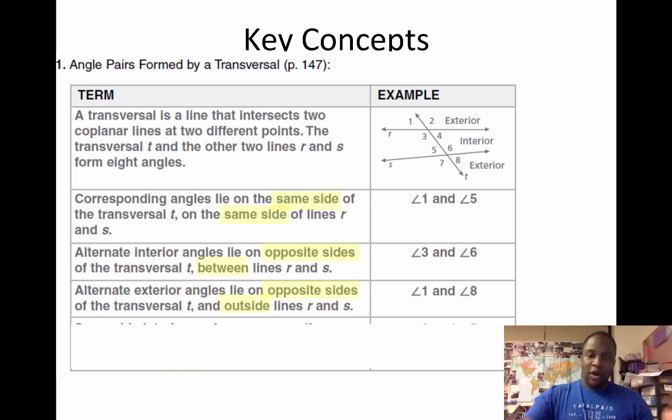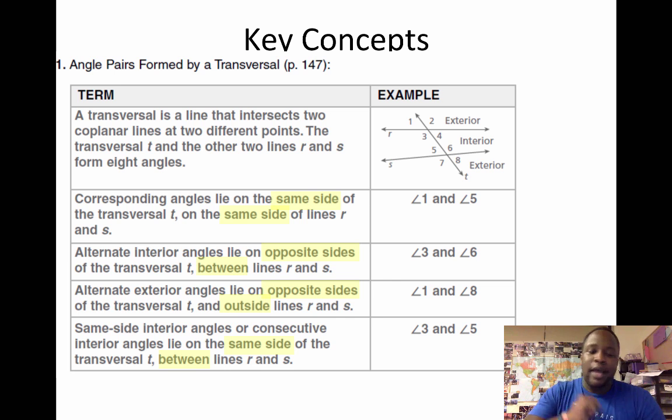Alternate exterior angles are very similar except they're on the exterior of the two lines. So 1 and 8 is an example of alternate exterior angles, and 2 and 7 are another example as well.